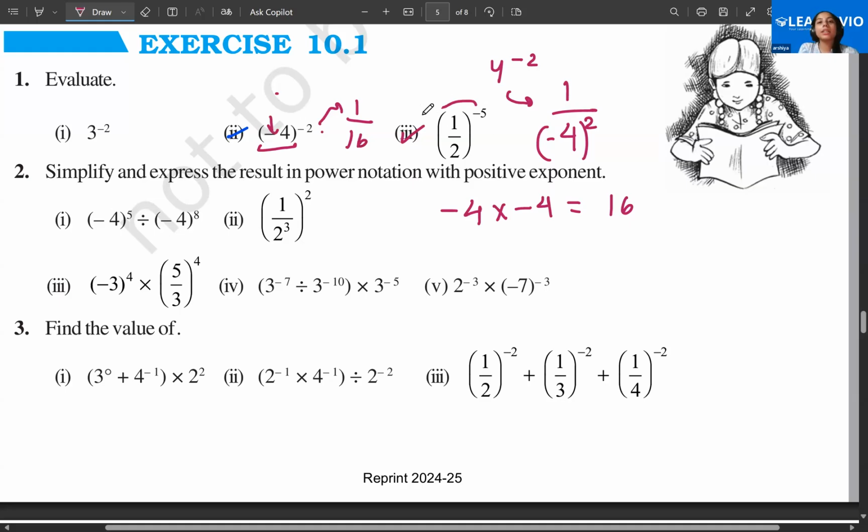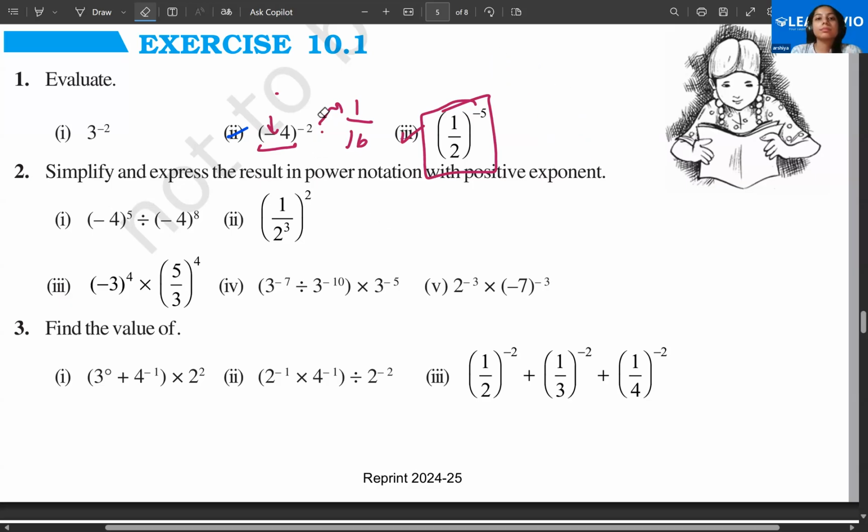Okay, last one. Now try this one. Ma'am, it's 1 by 2 to the power of -5.